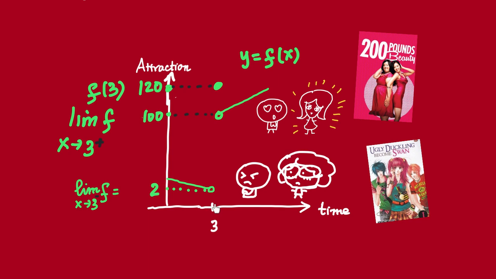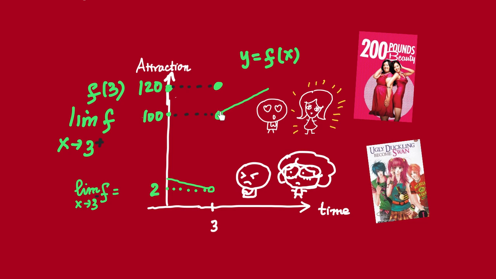Well, imagine that right at this moment when he saw her makeover, he felt extremely passionate. The attraction score rises to 120. But just right at that moment, and then right after that he immediately calmed down, and his attraction went down a bit. Then you would say that f of 3 is equal to 120.